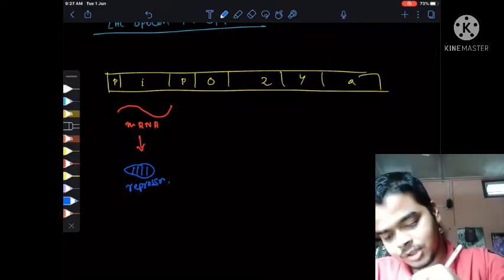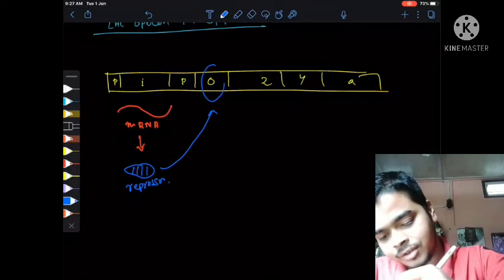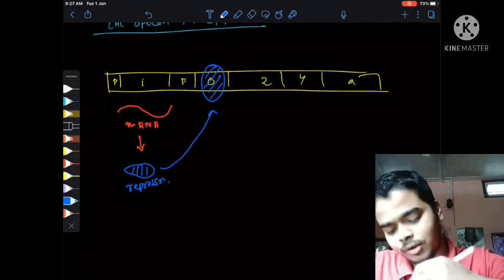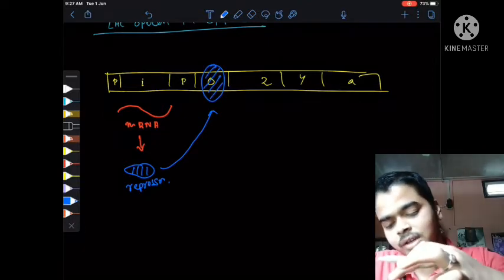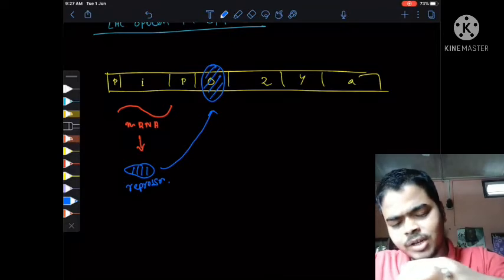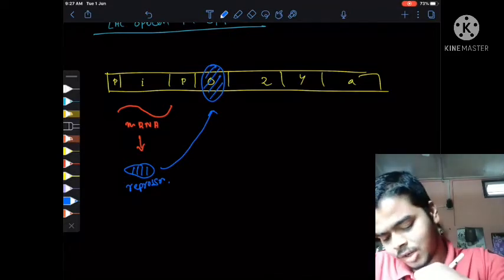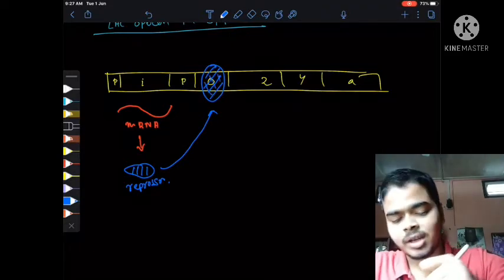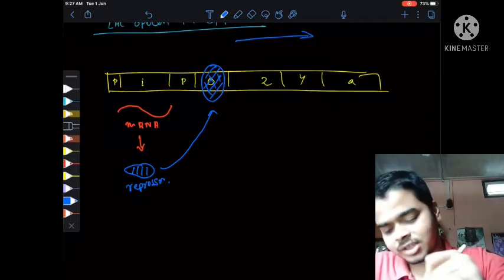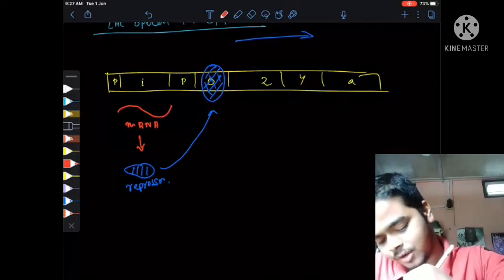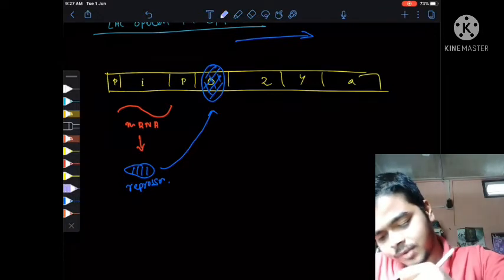Now this repressor protein binds to the operator gene. When the repressor protein is produced, it binds to the operator part of the operon. Now, for example, this is RNA polymerase.